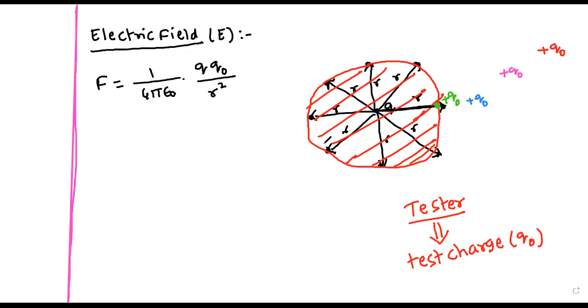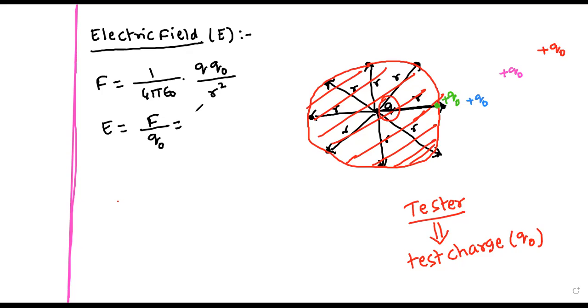Now, electric field or intensity of electric field is defined as the amount of force experienced by the test charge per unit charge. Here I am finding the field of the given charge, so that's why I am taking F by q naught.